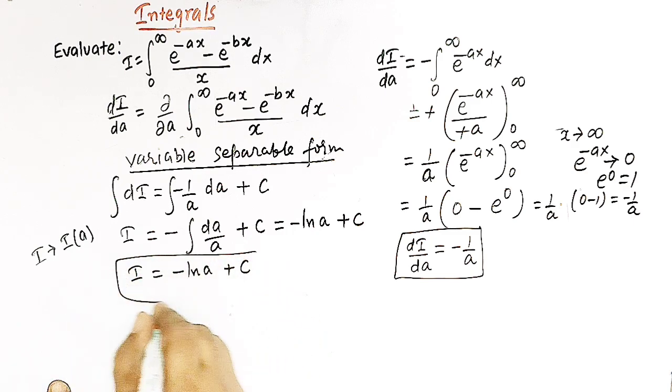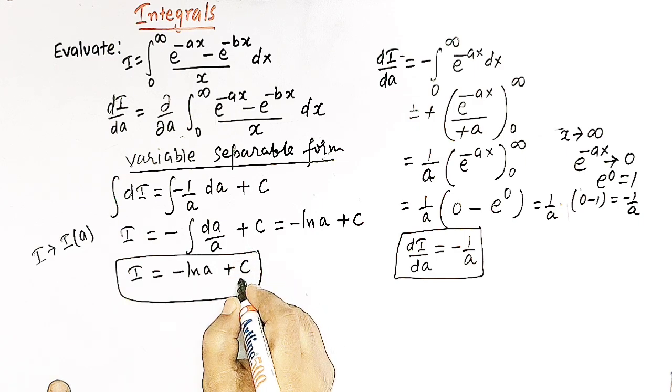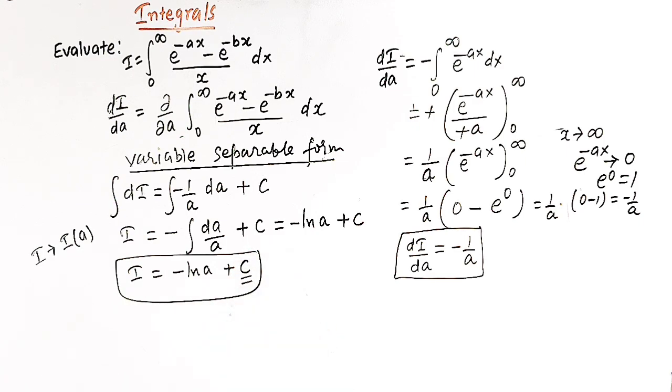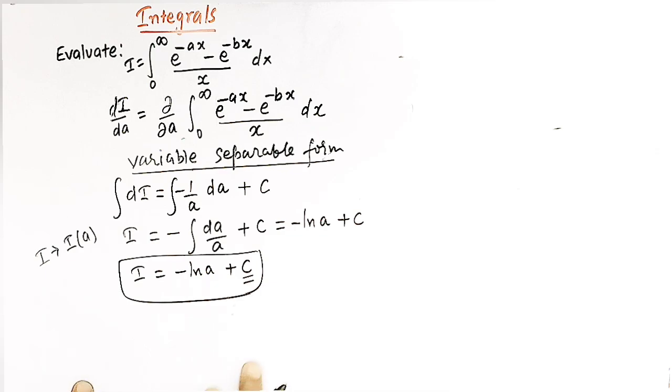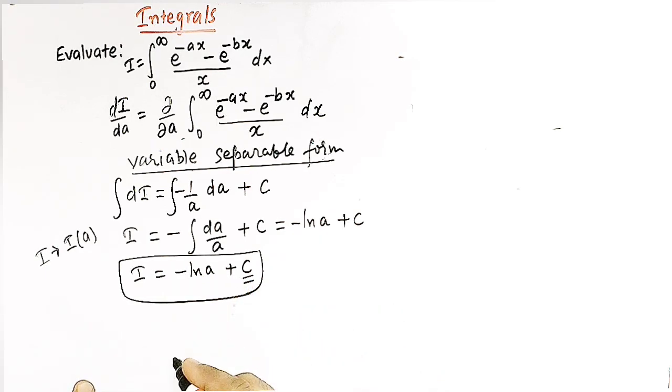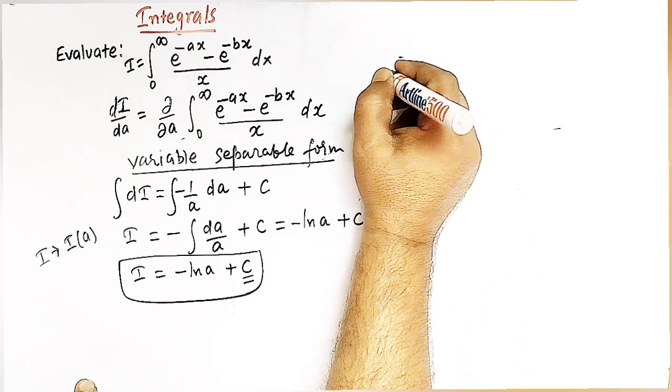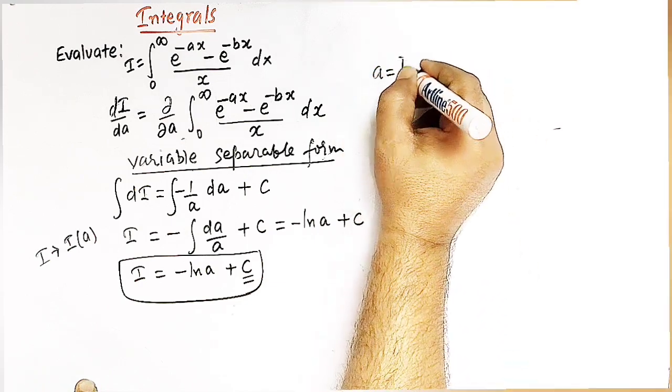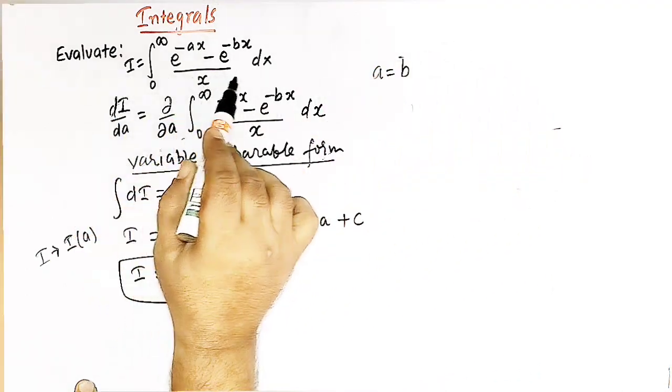So now our aim is to find out the value of c. This constant of integration c can easily be obtained by applying the condition that a is equal to b in this integral.